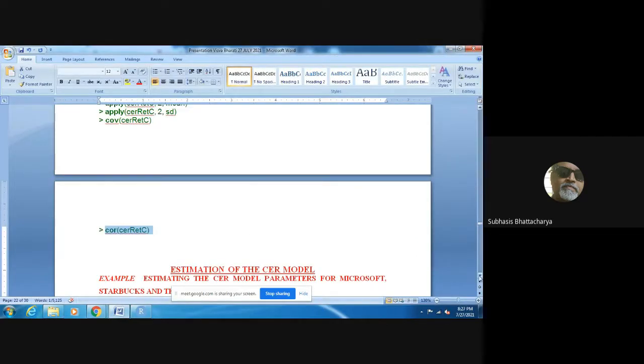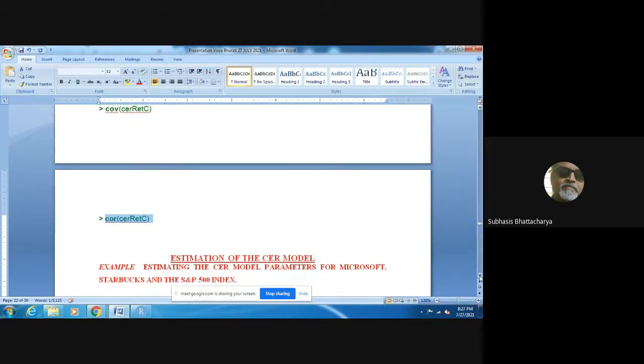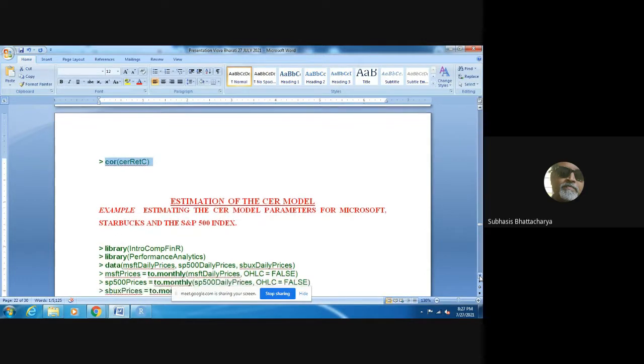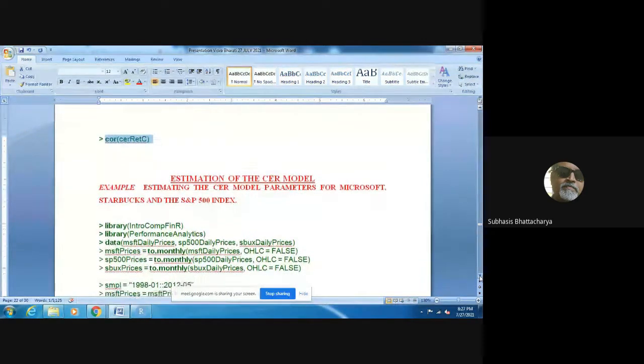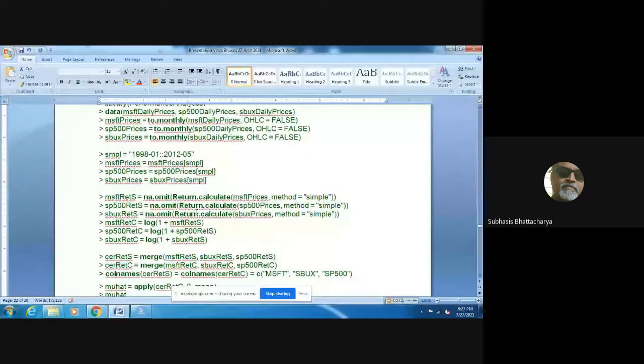So now we are going to estimate the CER model. That is doing the estimations of the sample, these are already done by us probably.